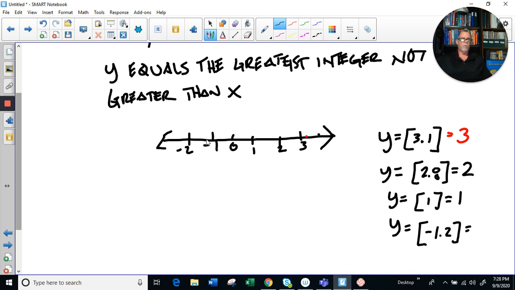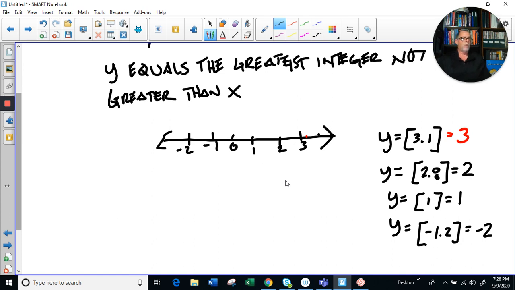The greatest integer not greater than it would be negative 2, because negative 2 is not greater than negative 1.2. If you thought it was negative 1, remember, negative 1 is a greater integer than negative 1.2. It's to the right of it on the number line. So you get the idea of what this greatest integer operation does. That's what I want you to understand first.